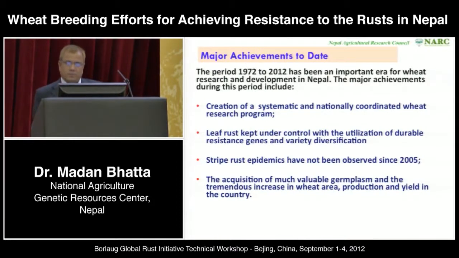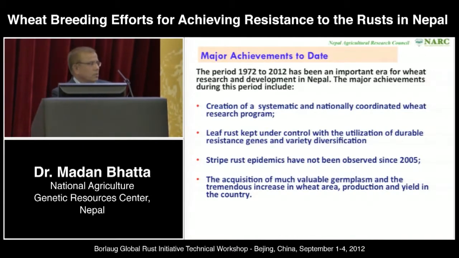The major achievement during this period is the creation of a systematic and nationally coordinated wheat research program. Leaf rust is kept under control with the utilization of durable resistant varieties and variety diversification. Stripe rust epidemics have not been observed since 2005.